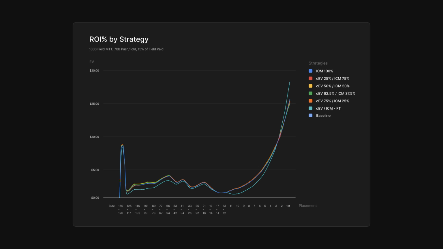So each of these lines represents each strategy, and the height of each line represents the expected value of each payout that the strategy gains. And we can see one outlier, which is, of course, the ChipEV strategy. The rest are following a very close progression. It should be noted, however, that it's more difficult to see the difference between other lines when there's one player doing significantly worse, because they make everything else look smaller in comparison.